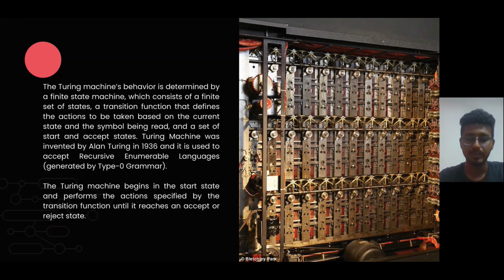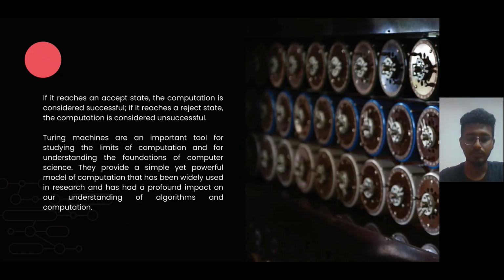The Turing machine begins in the start state and performs the action specified by the transition function until it reaches an accept or reject state. If it reaches an accept state, the computation is considered successful. If it reaches a reject state, the computation is considered unsuccessful.